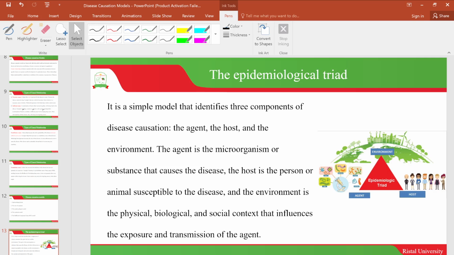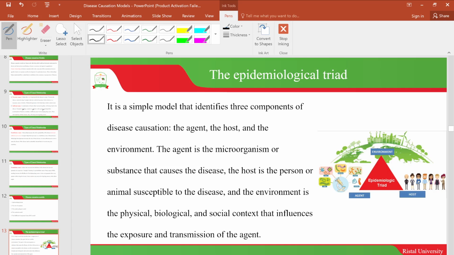So usually the agents we are basically talking about are the microbes, whether viruses, bacteria, fungi, protozoa, and others. And then the environment is basically our environment. This can be the immediate environment, the built environment, or the natural environment. This plays an important role.